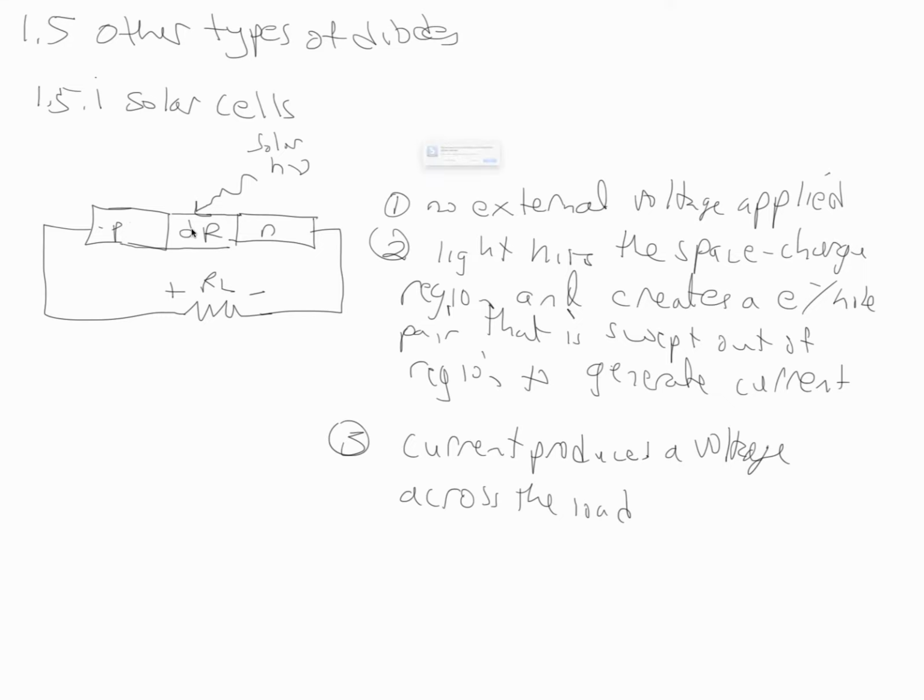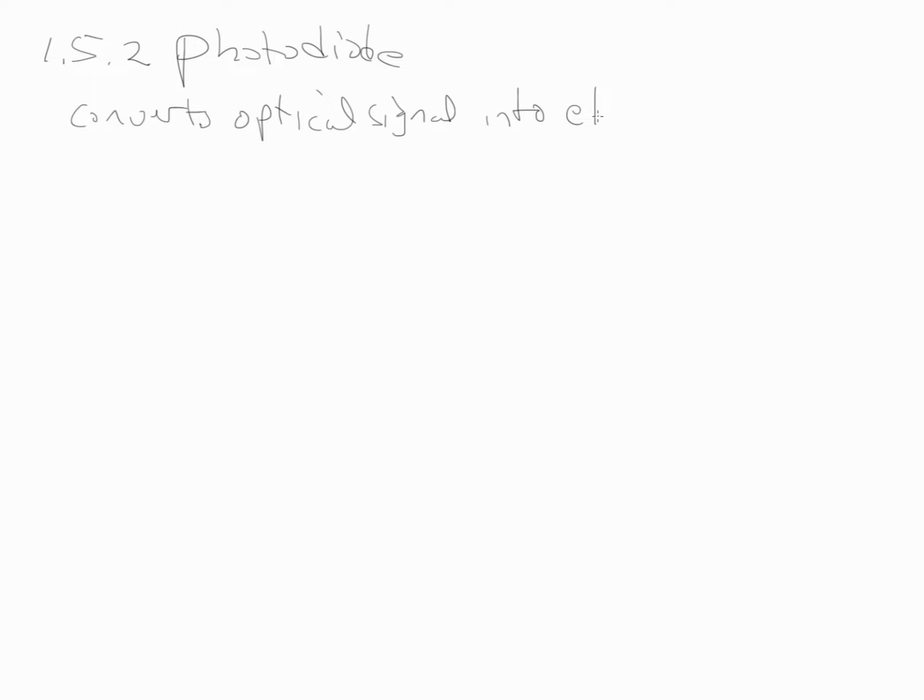The next one, in 1.5.2, is what they call the photodiode. What a photodiode does is it converts optical signal into electrical signal. That's number one. Number two, it operates in reverse bias.